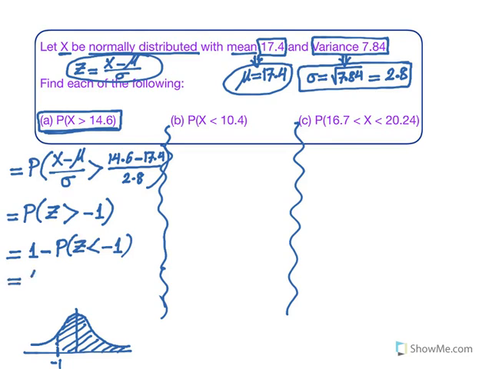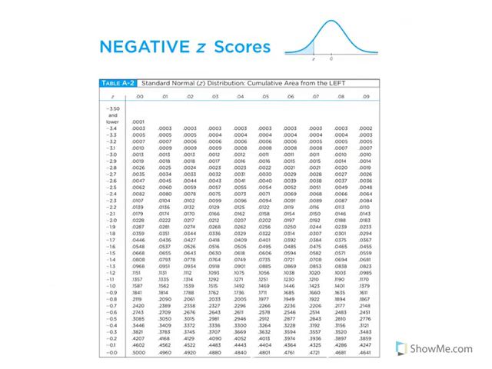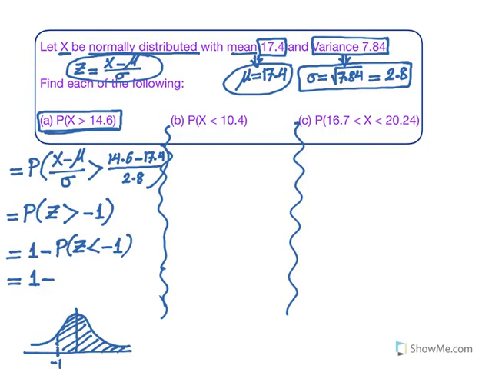And now we use the z-table. Probability z less than -1. Where is -1? -1.0 is here. So we see the number, which is 0.1587. Now we go back and subtract it from 1.